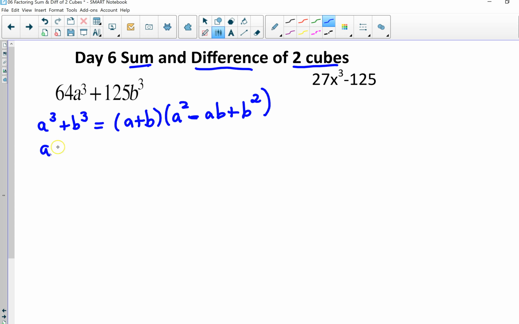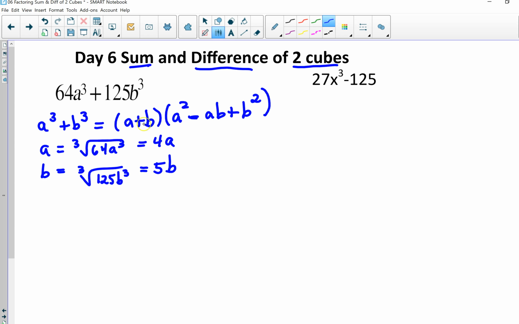So a is the cube root of 64a cubed, which is equal to 4a. b is equal to the cube root of 125b cubed, which is equal to 5b.